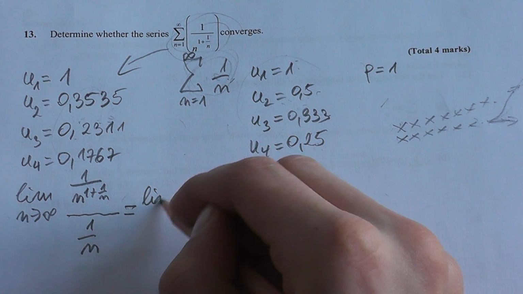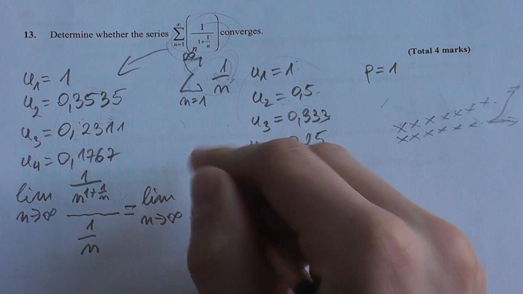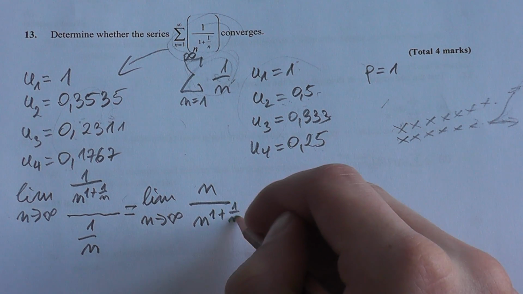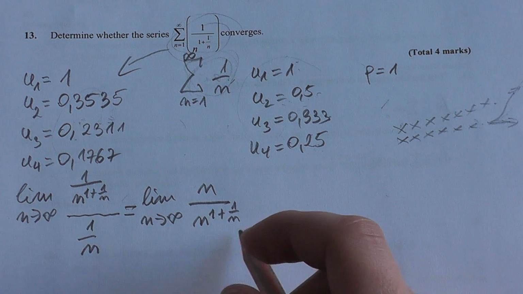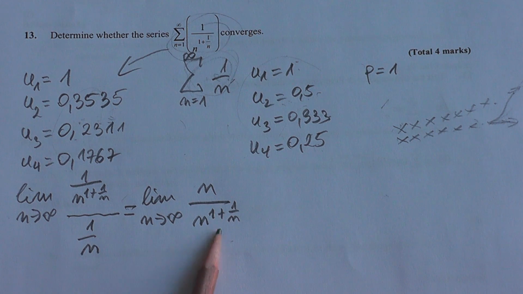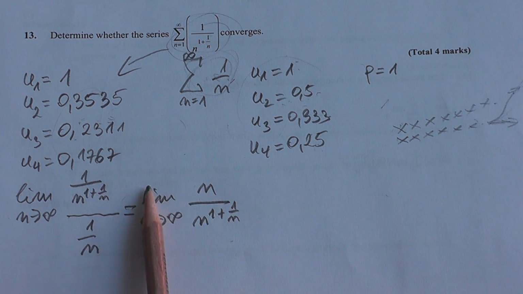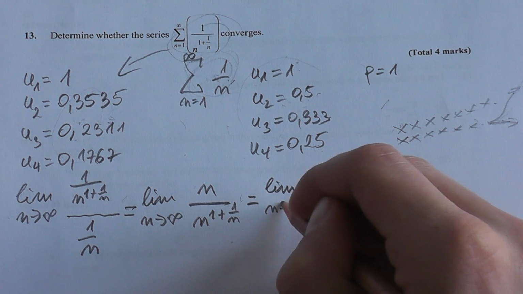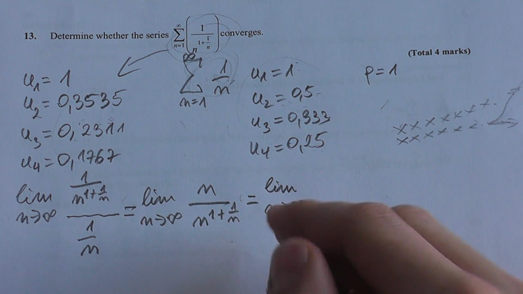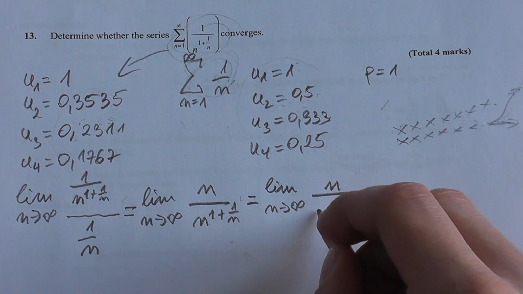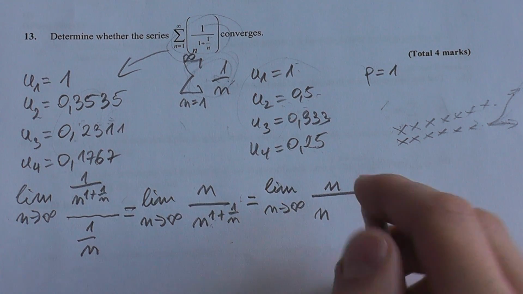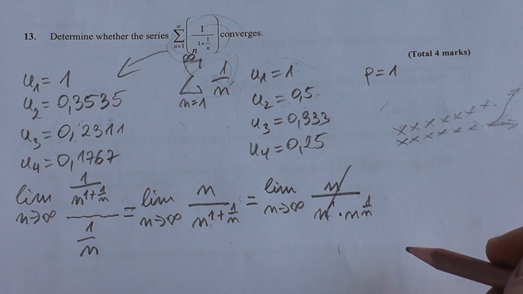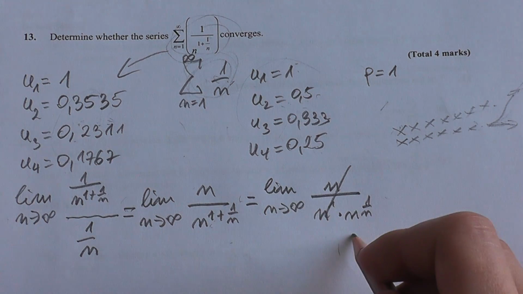So this then becomes equal to the limit as n approaches infinity of n over n to the power of 1 plus 1 over n. And now, actually you don't have to plug in infinity yet. I've just realized this actually is quite convenient. You have n over n to the power of 1 times n to the power of 1 over n. The n's obviously cancel, and now you can plug in infinity.